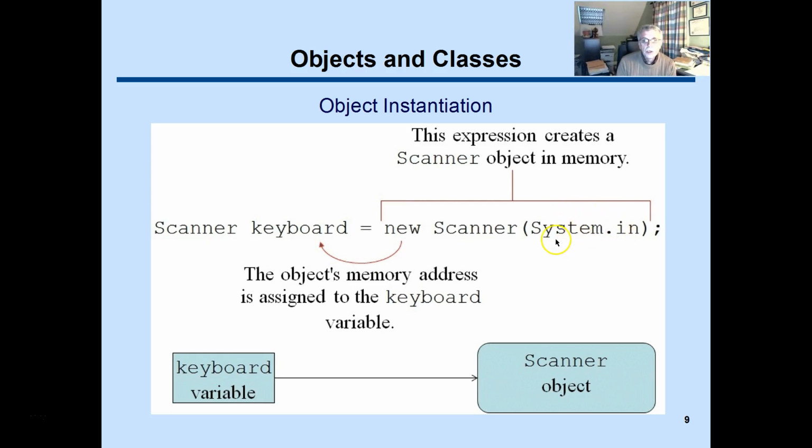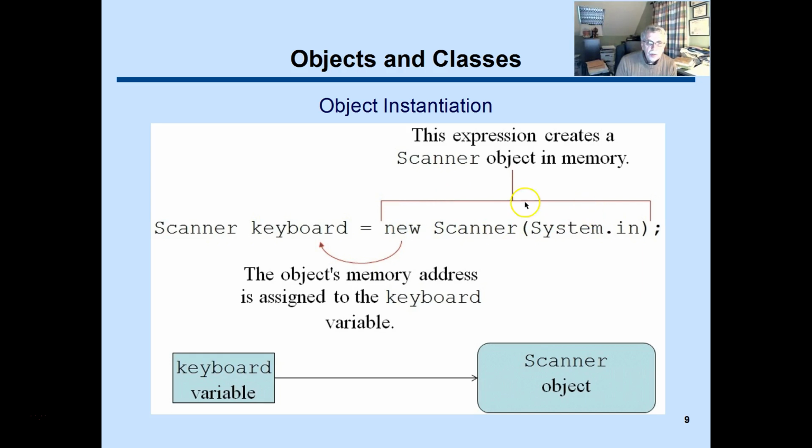No arguments are passed to it. But in this particular case, this constructor for Scanner is expecting one object. And the object here is called System.in, which is effectively an alias for the keyboard. So this argument is passed to the constructor, and the constructor is invoked by using the new operator.